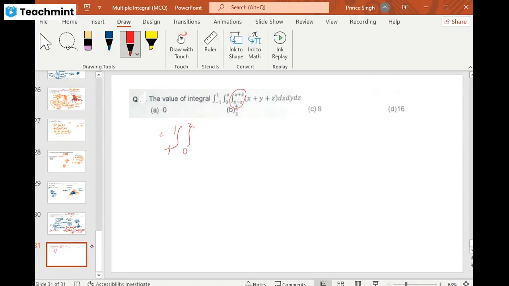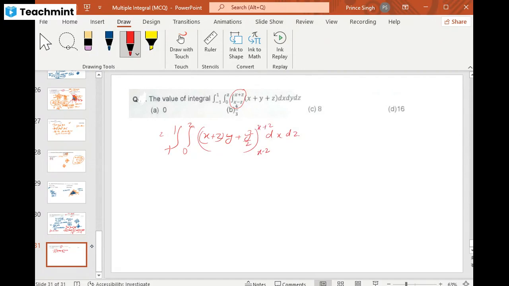So we first integrate with respect to y. So x and z are constant, so its integral is y, and the integral of y is y square by 2, dx dz with the limit x minus z to x plus z.